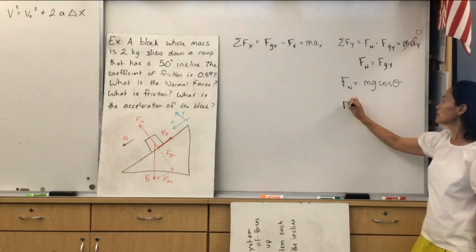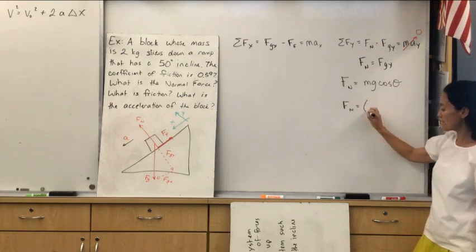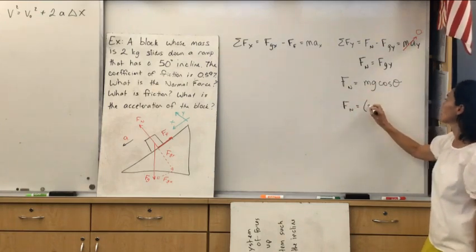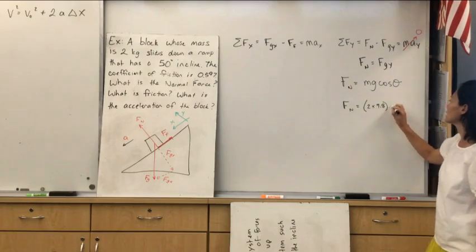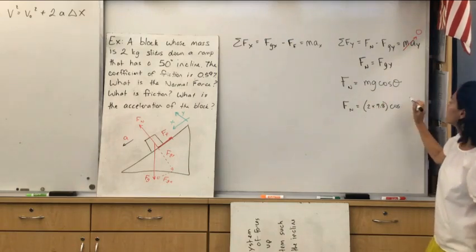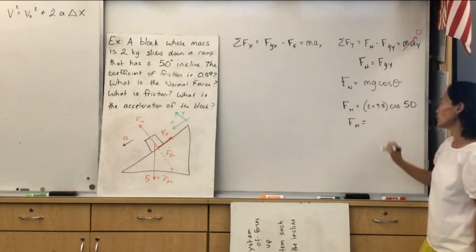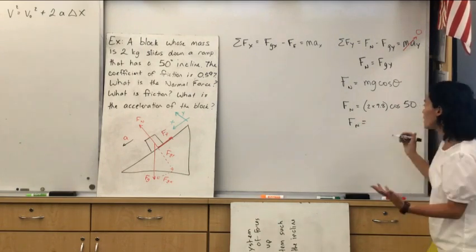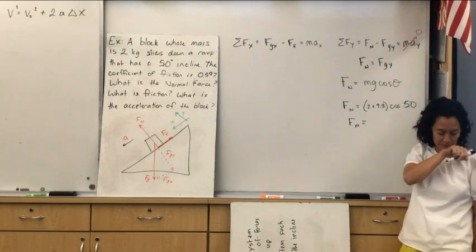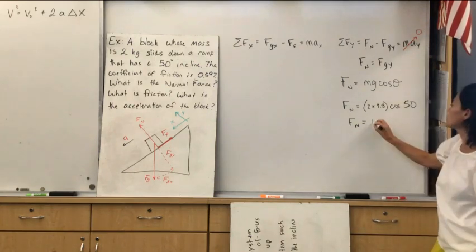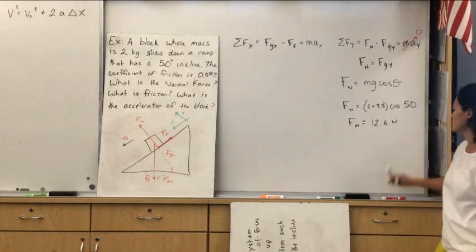So Fn equals my mass of 2 times 9.8 cosine of 50. You should stop the video and get your calculator out and figure out what this is. Fn should come out to be 12.6 newtons.